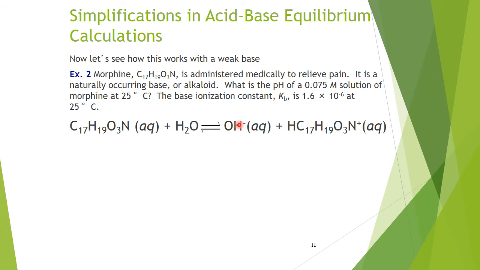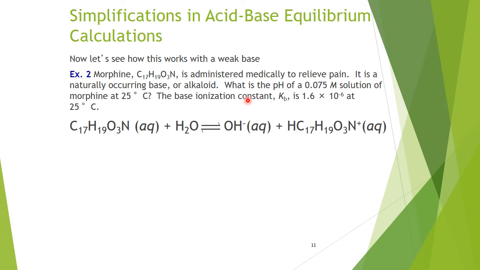So it says we want a pH, but there's no H plus here. So we're going to solve for the OH minus. And then once we know OH minus, there's a couple ways we can find H plus. We can either use OH minus times H plus equals 10 to the minus 14th, or we could change this into the pOH and figure out the pH. So let's set it up.